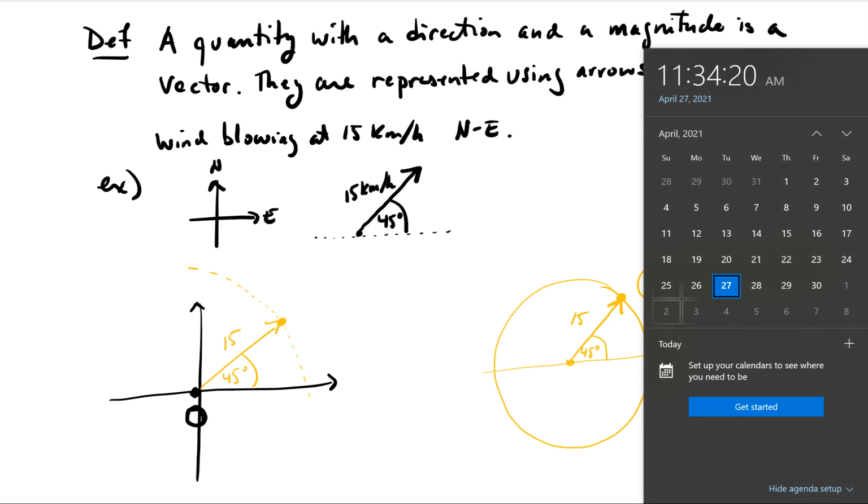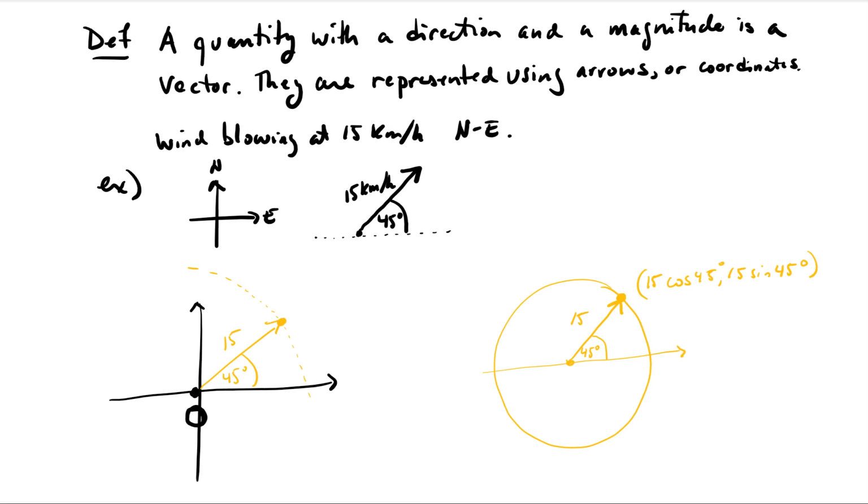In other words, 15 root 2 over 2, 15 root 2 over 2, and if I evaluate this approximately, I get 10.61, 10.61 approximately. So this is how we can describe a vector using coordinates. But it needs to start at the origin.